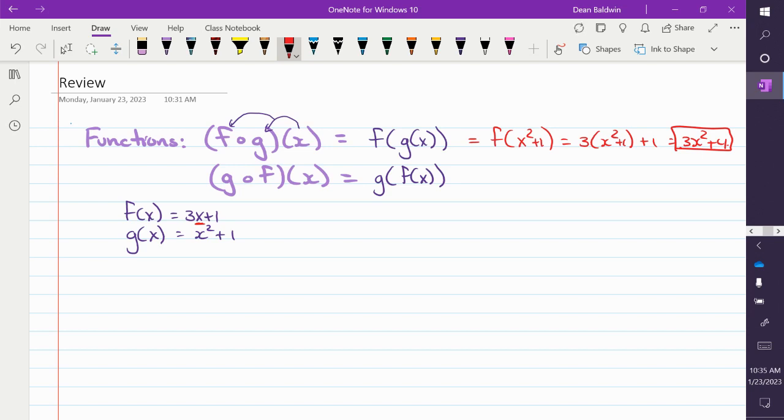That ringing some bells? All right. G of f is the reverse. It's g of f of x. So f of x is going into g. So instead of x squared, I get 3x plus 1 all squared, which makes this slightly more annoying. Because why?